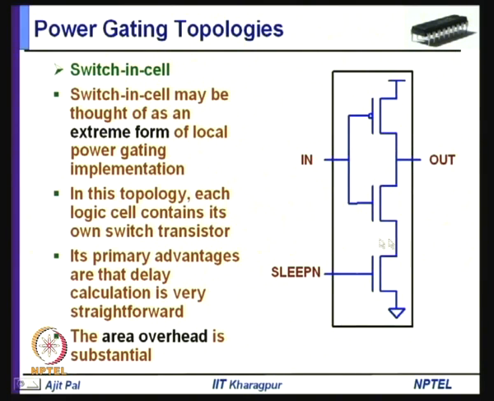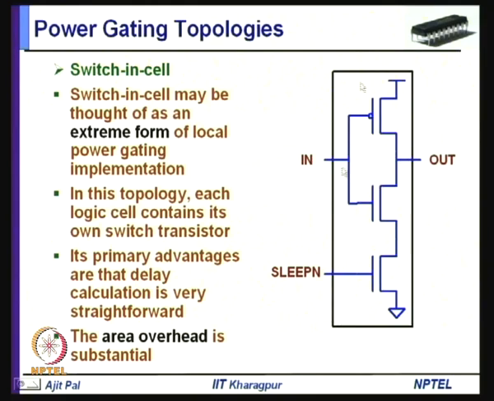Obviously, this will be a transistor with high threshold voltage, which is built in when this inverter is fabricated. That means, you have standard cells with this kind of built in gating hardware, and each of these standard cells has its own gating hardware built in as part of the circuitry.